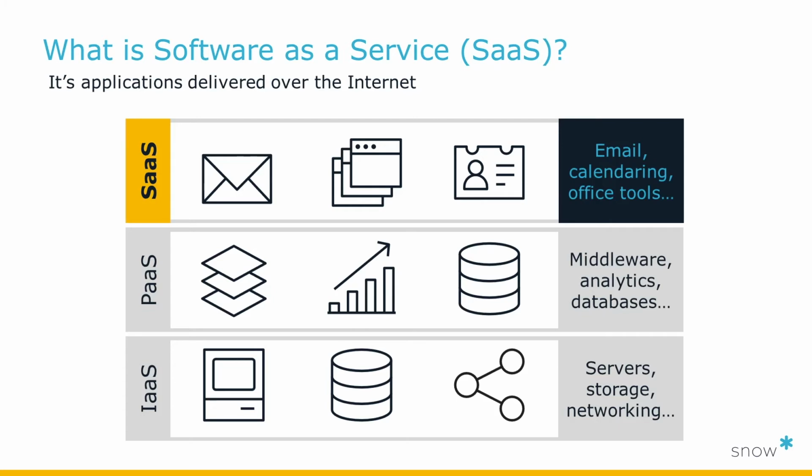SaaS applications are really popular among businesses and also for general users, given that they're often easy to adopt and accessible from just about any device, whether that's your laptop, your tablet, or your mobile device. And they often have free or premium or freemium or enterprise versions of their applications. The benefits of SaaS, like PaaS, is the abstraction of the underlying infrastructure, and that, in this case, includes servers and storage and also middleware, so that the users of these applications are really only exposed to the interfaces and applications that they interact with directly.